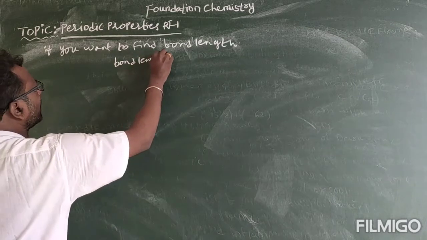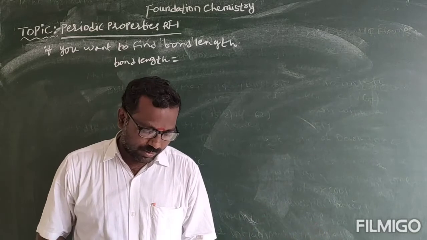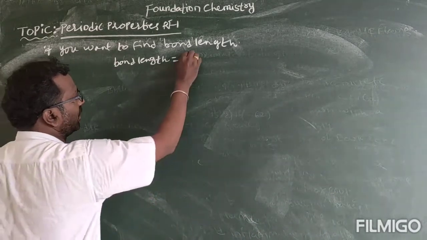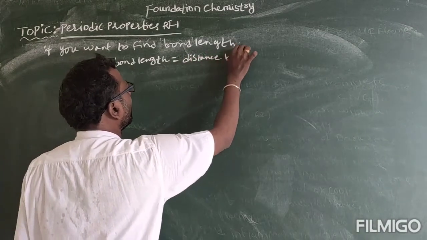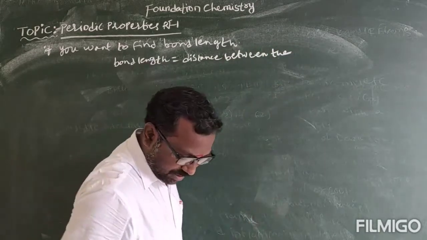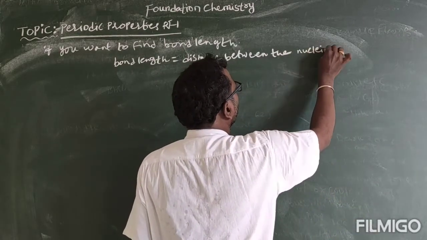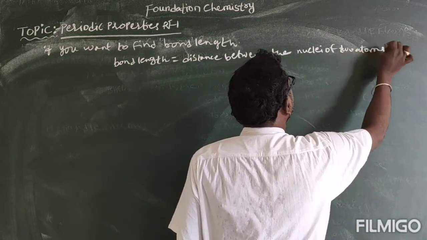Bond length is nothing but the distance between the nuclei of two atoms. It is the distance between the nuclei of two atoms. So that is the bond length.